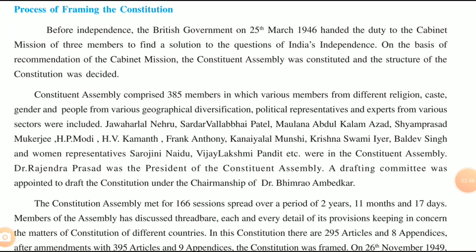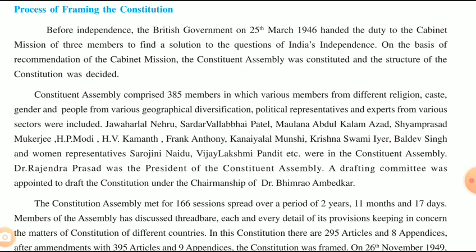Now we will understand how the constitution was formed. The process of forming the constitution started before our independence, from 25th March 1946. A cabinet mission was established by the British government to understand how to form a constitution. This formulation process was handed over to the Constituent Assembly of India, which was formed of 385 members.